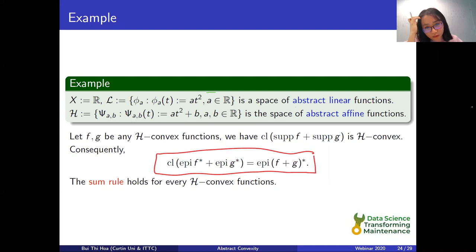So what is important about this equality? In order to prove this equality, we prove that the closure of the sum of two support sets is an H-convex set.